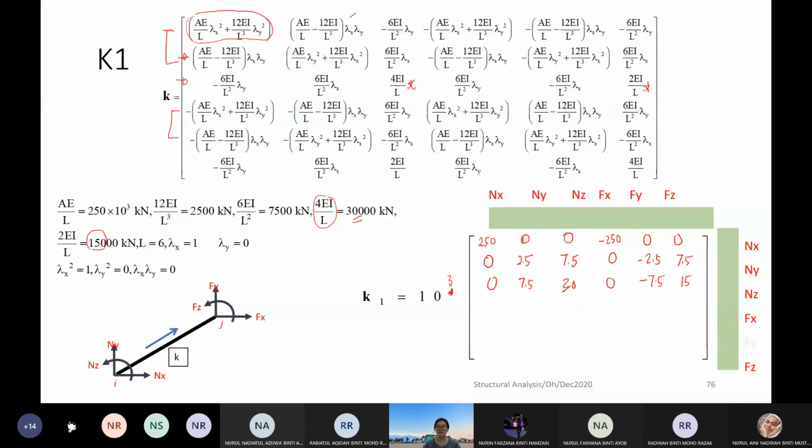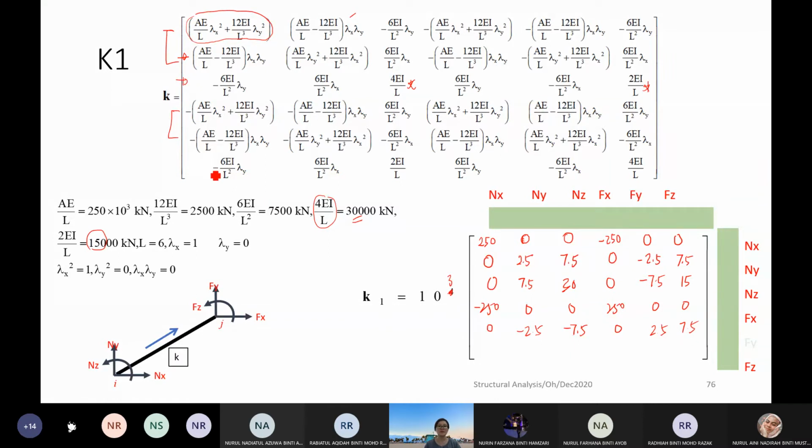Negative 250, 0, 0, 250, 0, 0, 0, negative 2.5, negative 7.5, 0, 2.5, 7.5.